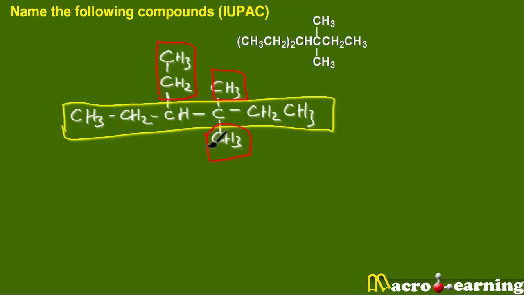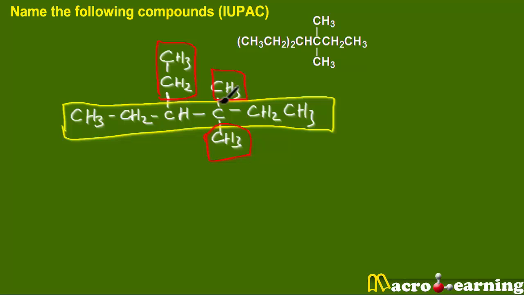Okay, we have 3 substituents, 1 ethyl and 2 methyl. So which side do we start for the numbering of the main chain? It's determined by the third branch, because first of all, whichever side we start, there is always going to be a substituent that will have a lowest possible number. In both cases, it's carbon number 3.